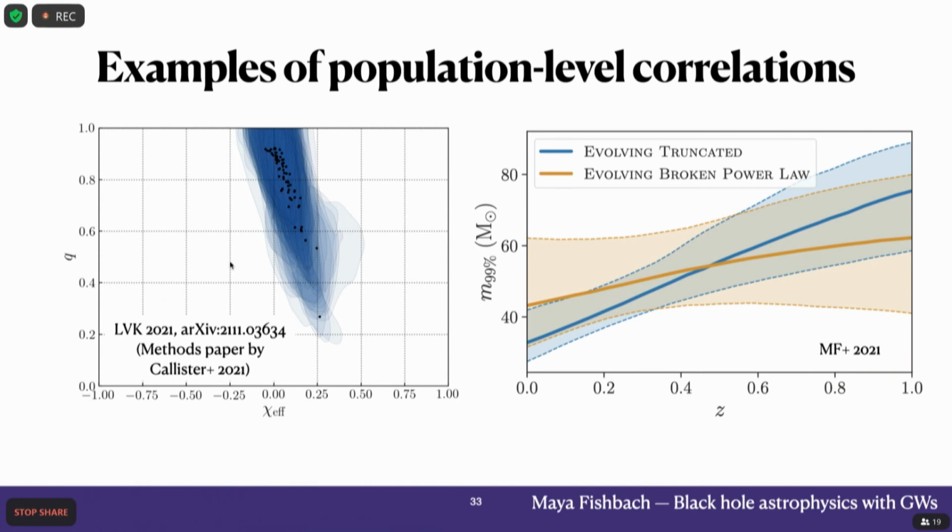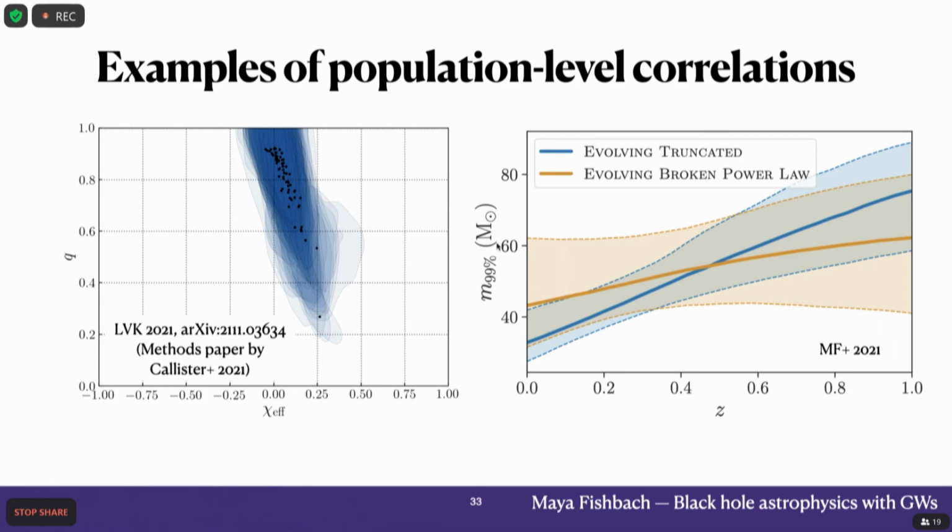There seems to be an anti-correlation on a population level, where if you look at nearly equal mass ratio systems, the chi-effective distribution is centered at 0. And then if you go to more unequal masses, the chi-effective distribution shifts to larger values, away from 0.